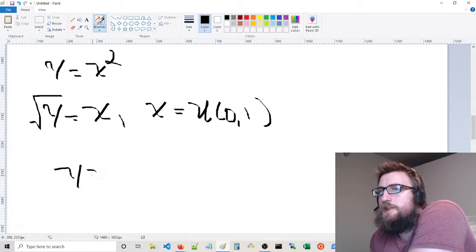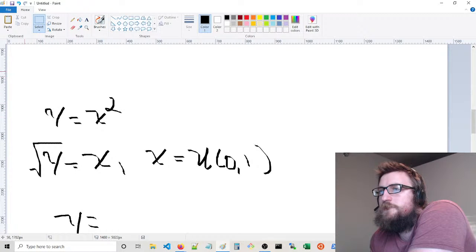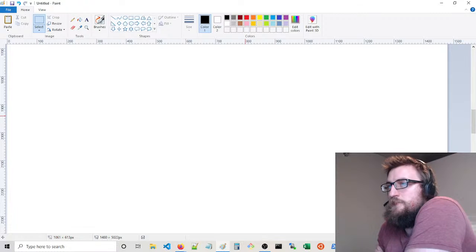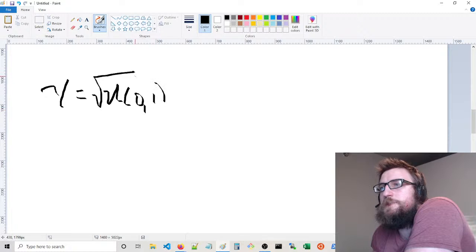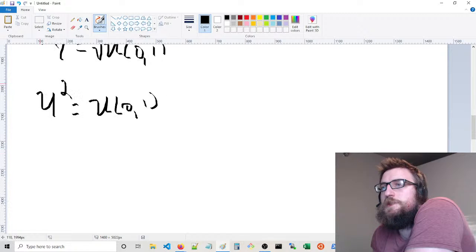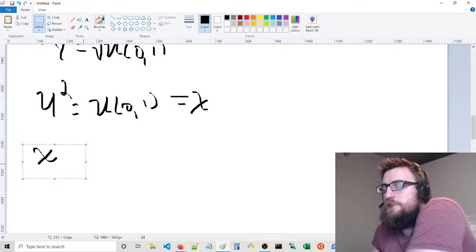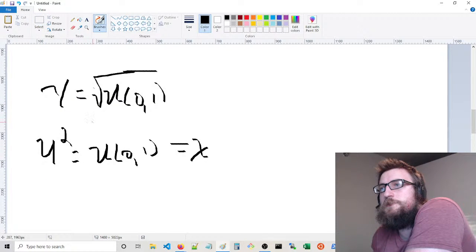That means that y is, I don't know, if y is the square root of something that's uniformly distributed, then y squared is uniformly distributed, which is x. That means y is the square root of x.